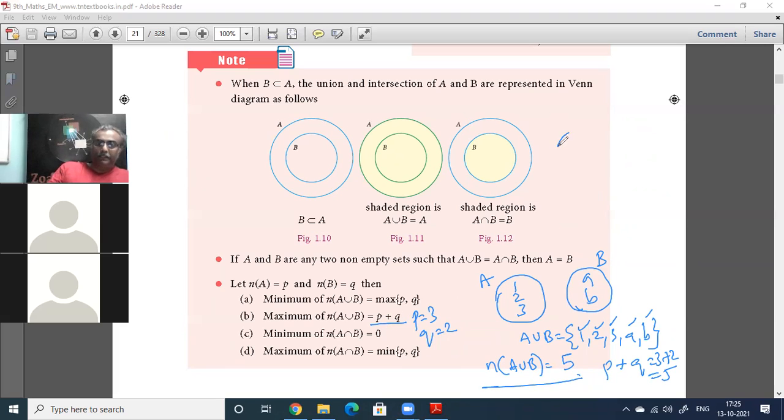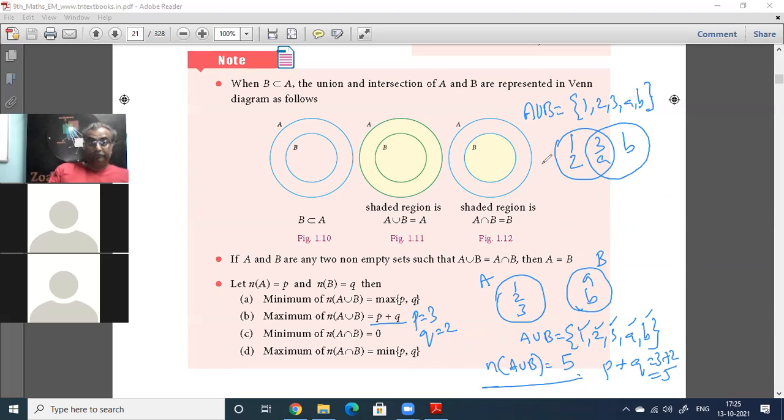If they are not disjoint sets, let us draw something else. 1, 2, 3, A, B. Okay. A union B is what then? 1, 2, 3, A, comma B. Okay. The maximum of N of A union B. N of A union B is again equal to 5. Okay. But in this case, what is A?